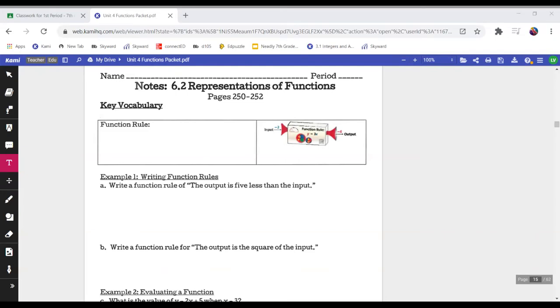6.2 Representations of functions. Definition for function rule.